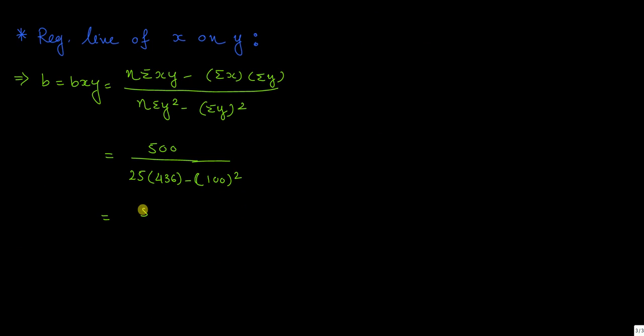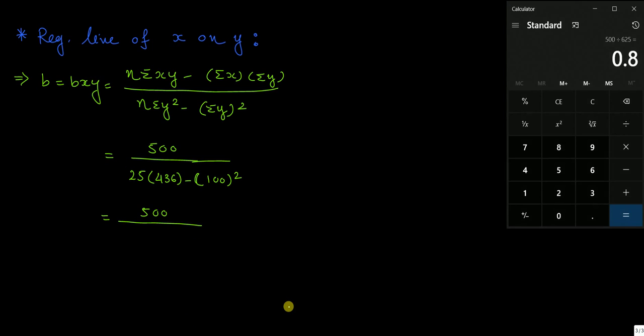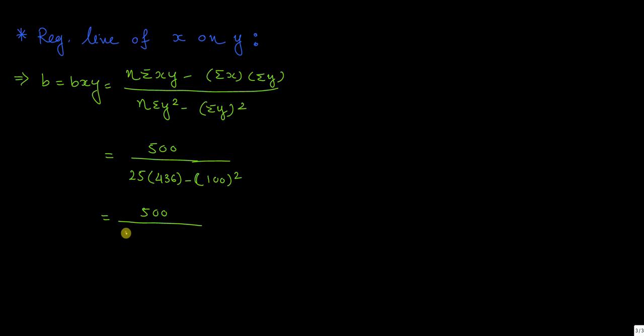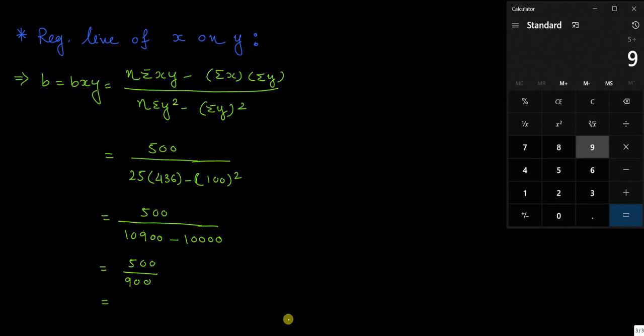It is equals to 500 divided by 25 multiplied by 436. 10,900 minus 100 square is 10,000. Okay, so what left? 500 upon 900. 0, 0 cancel out. 5 by 9. 5 divided by 9.